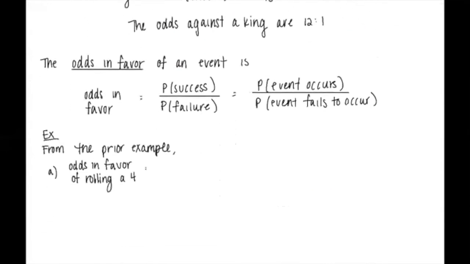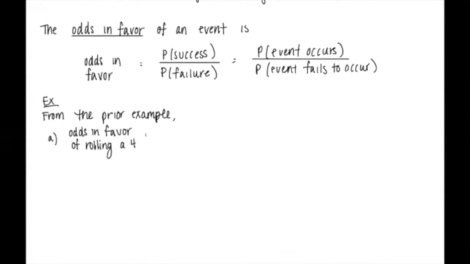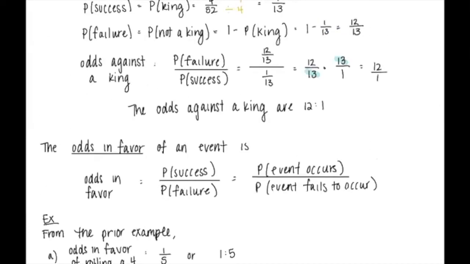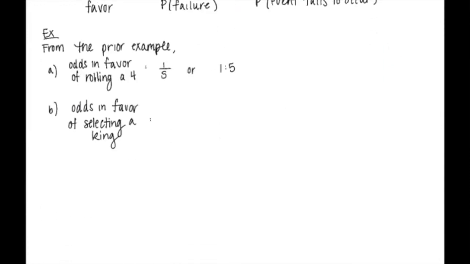So the odds in favor of rolling a 4 are 1 over 5. Or you have a 1 to 5 chance of rolling a 4. The odds in favor of selecting a king are the exact flip here. So we just change these two. You have a 1/12 or 1 to 12 chance of getting a king. Okay.